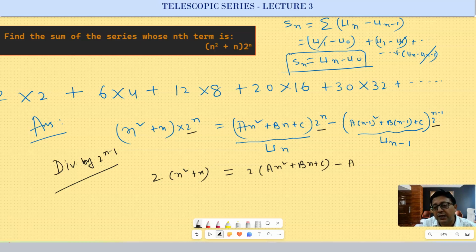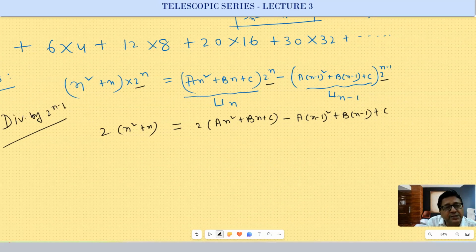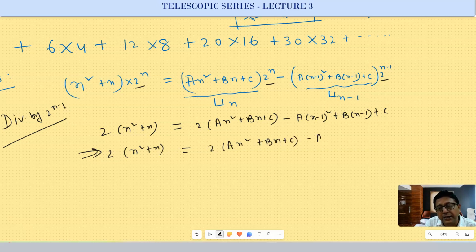minus a n minus 1 whole square plus b n minus 1 plus c. Now this is an identity. We can compare two sides. Just write 2 n square plus n equal to 2 into an square plus bn plus c, minus the other term. My aim is to compare the coefficient of like terms from two sides. Minus sign before this and minus sign before this also.